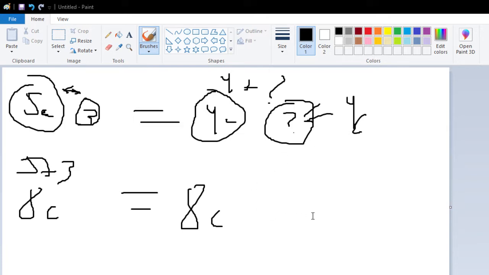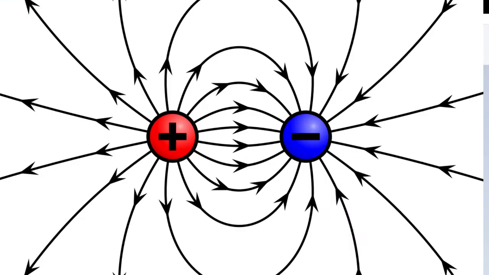There's another concept that you have to know, and it's called the electric charge conservation model. I'm going to pull it up right now.